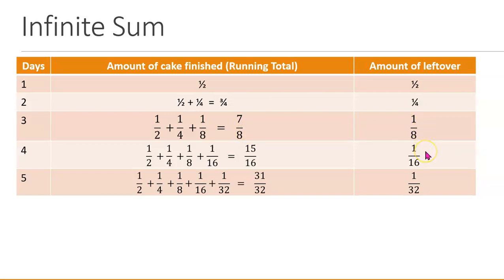After the fourth day, the amount of leftover will be 1/16, and 15/16 of that cake is finished, etc. So you see the amount of leftover is approaching 0, but it will never get there.